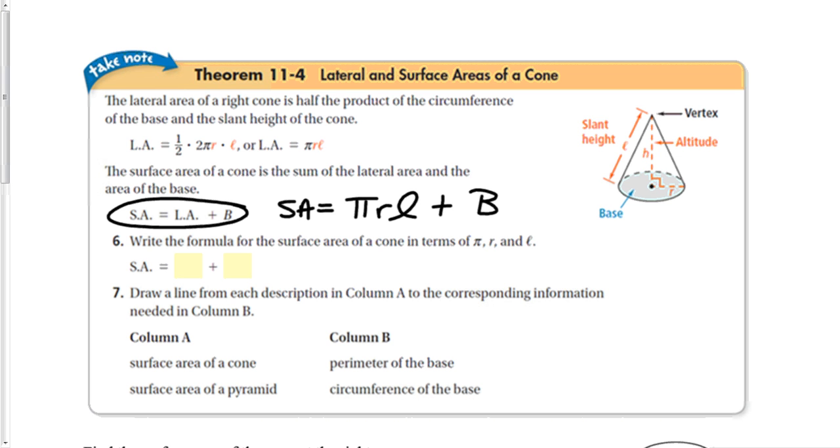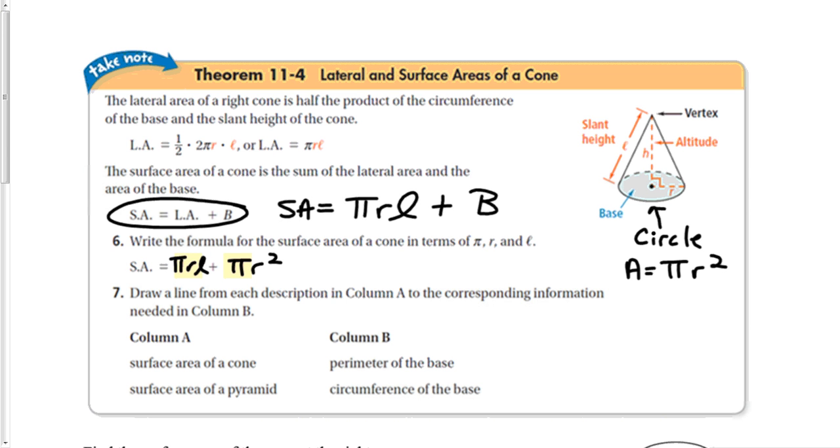Now, for our cone, the base is a circle, and the area of a circle, which again is on your formula sheet, is pi r squared. So for number 6, it really wanted you to write what I just wrote, except instead of B for area of the base, we're going to write in pi r squared because our base is a circle and pi r squared is the area of a circle.